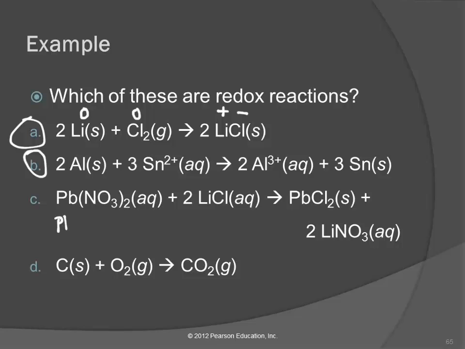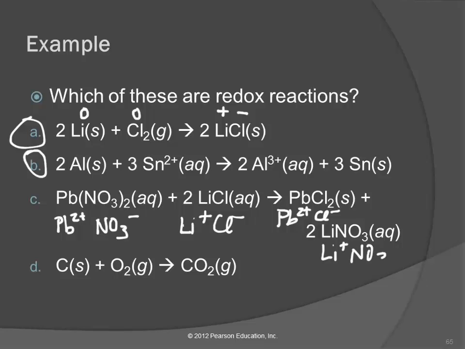Over here, starting out, lead is 2+, and nitrate is -1, like it always is. And the lithium chloride is Li+ and Cl-. And over here, we've got Pb2+ and Cl- and Li+ and NO3-. Did any of those ions change? No, they just combined differently.